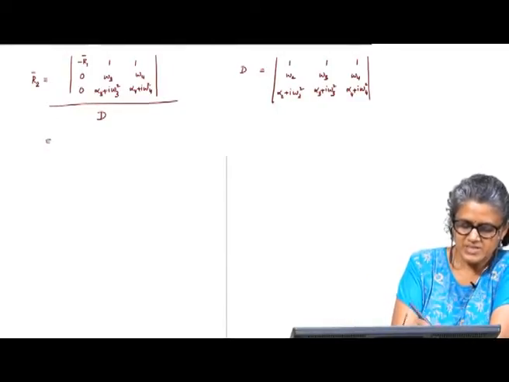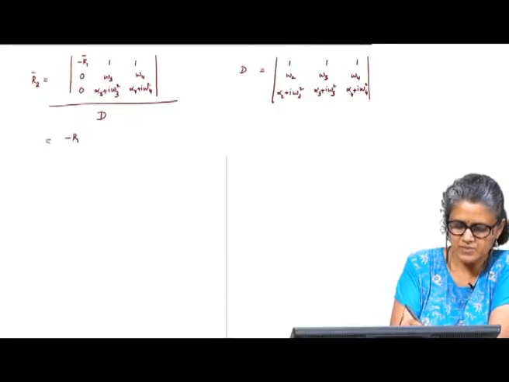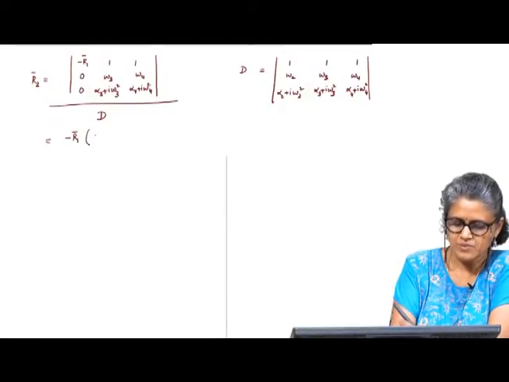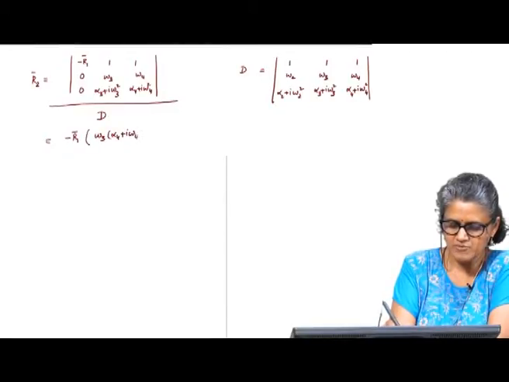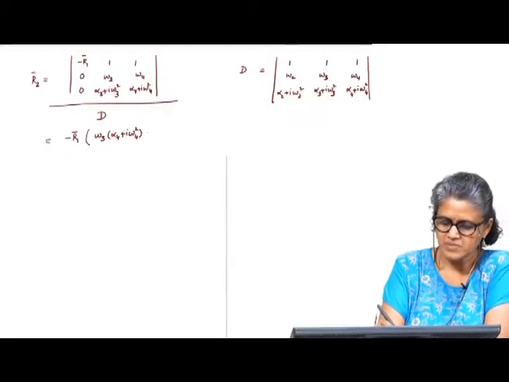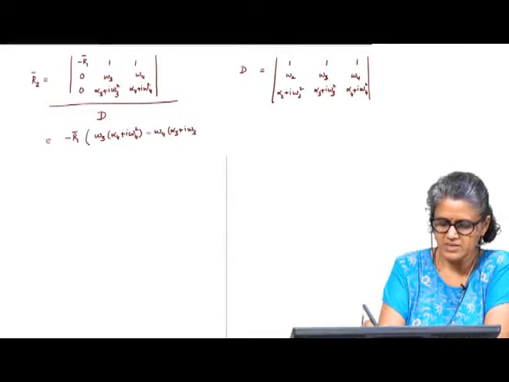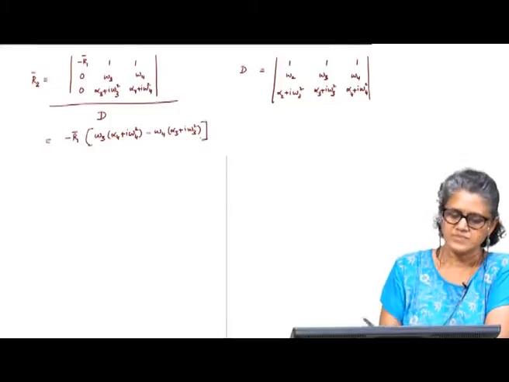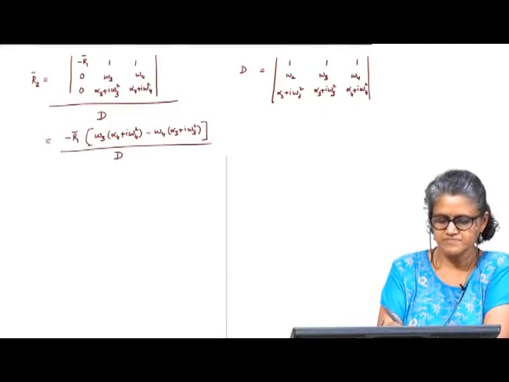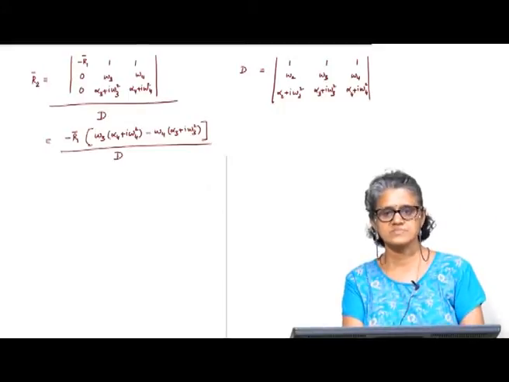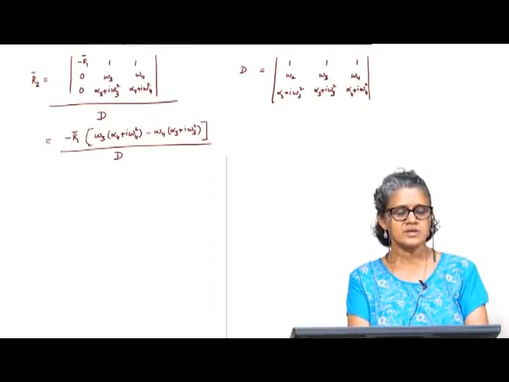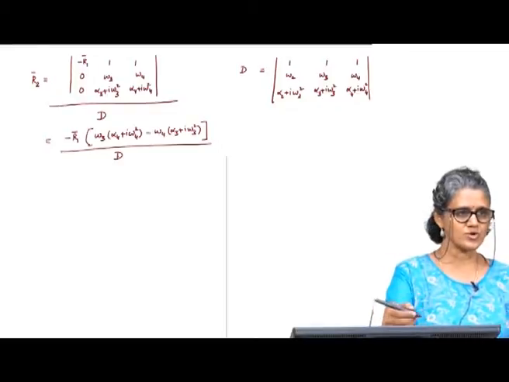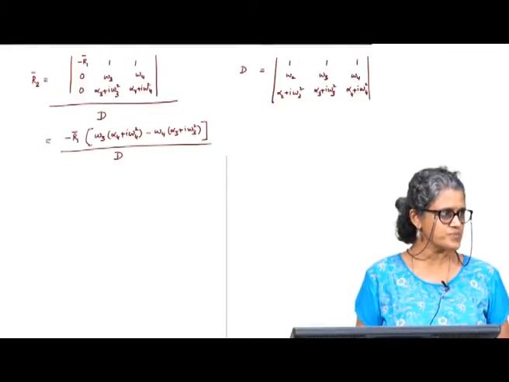If I expand this, I get minus R1 into omega 3 into alpha 4 plus i omega 4 square minus omega 4 into alpha 3 plus i omega 3 square, by D. And similarly, I will get the other 2, R3 and R4.